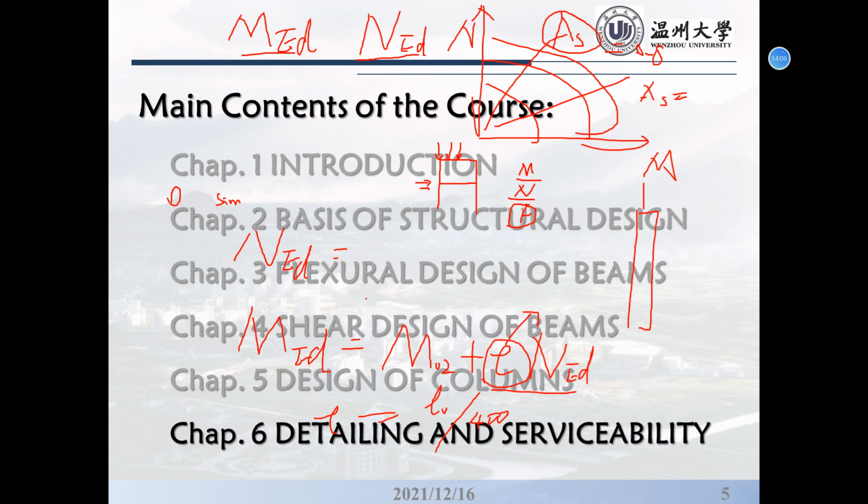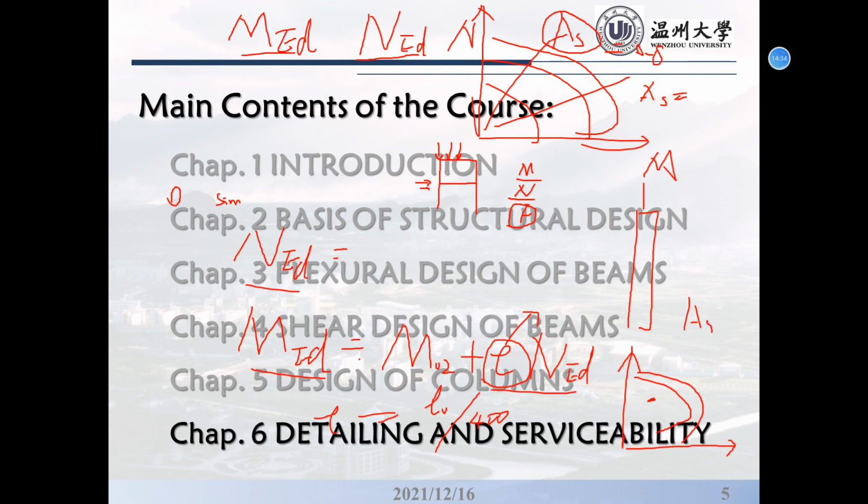Short columns. After we calculate the NEd and the MEd, we use the M-N chart. This curve may be obtained from the lab, right? And the curve should contain the point we designed, and get the As, right?